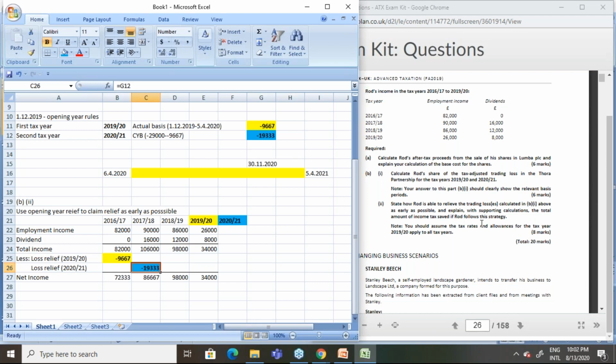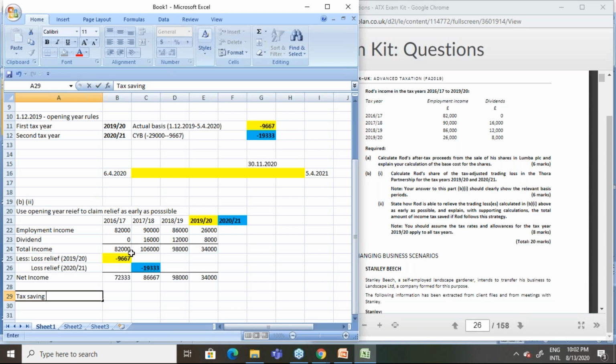And explain with supporting calculations the total amount of income tax saved if Rod follows this strategy. So here, the tax saving, you can calculate like this. If you did not have this 9,667, even though you have this or not, you have been taxed as a higher rate taxpayer.